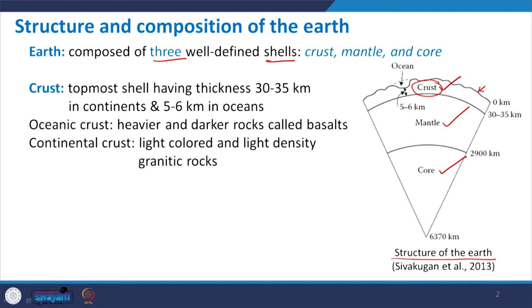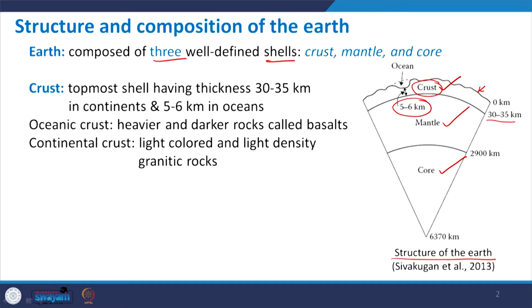This crust shell is the topmost one and it has a thickness of 30 to 35 kilometers. Okay, and in case you have the oceanic crust, there the thickness of the crust is 5 to 6 kilometers.